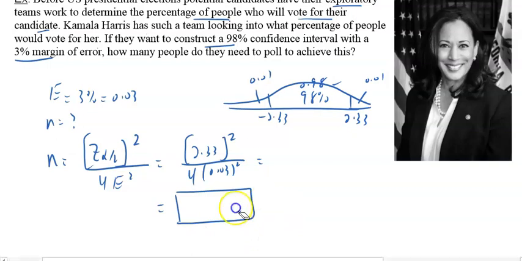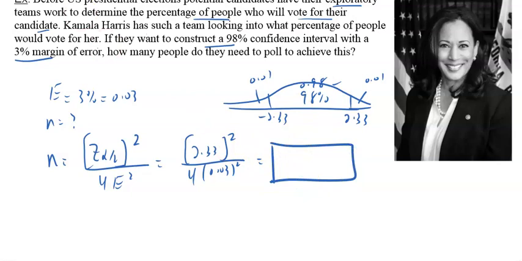Actually, let's go the other round because the picture is there. Let's put that right here.